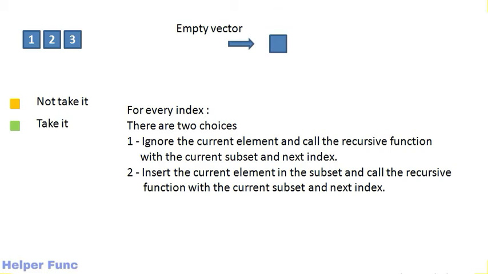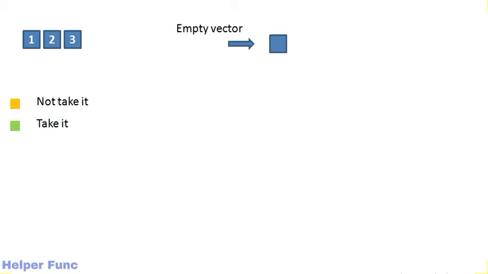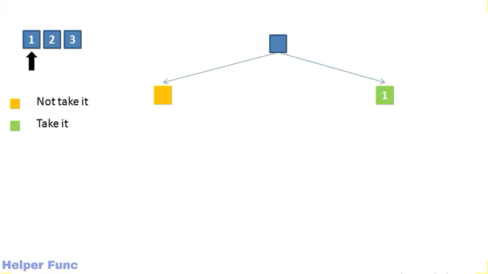Now let's try and understand with an example. Initially, we will have this empty vector. Now for index 0, we have two choices, either to take 1 or not to take 1. The yellow box represents the not taken part while the green one represents the taken part. So if my array size was only 1, these two were the subsets which I would have got.